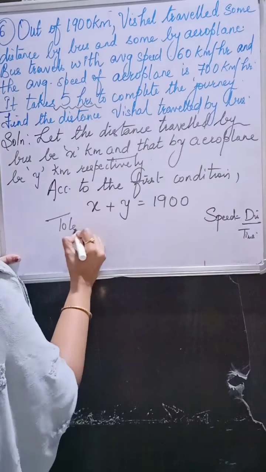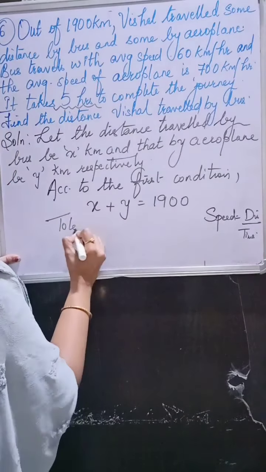Children understood? Same way we will find out time taken by aeroplane. So 700 into time taken by aeroplane is equal to y. So what is the time taken by aeroplane? y upon 700. Time taken by bus, x upon 60.